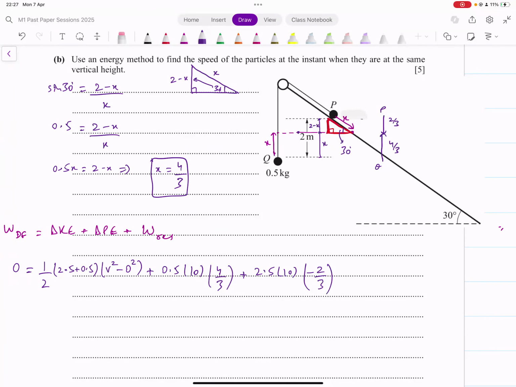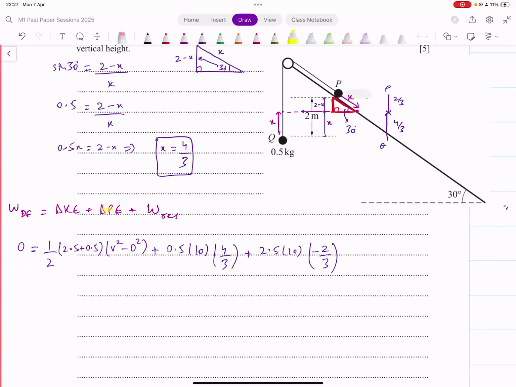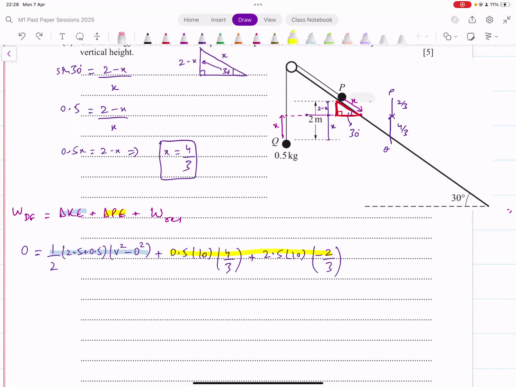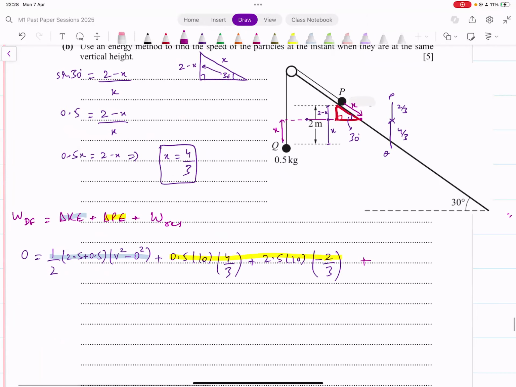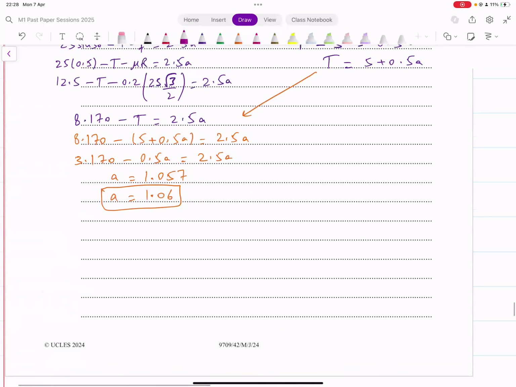This whole thing is potential energy. This is the change in kinetic energy. All right. And then we have work done against resistance. What's the work done against resistance? We have friction, right? What's the value of friction? Do we know that? We found that here somewhere, I think.